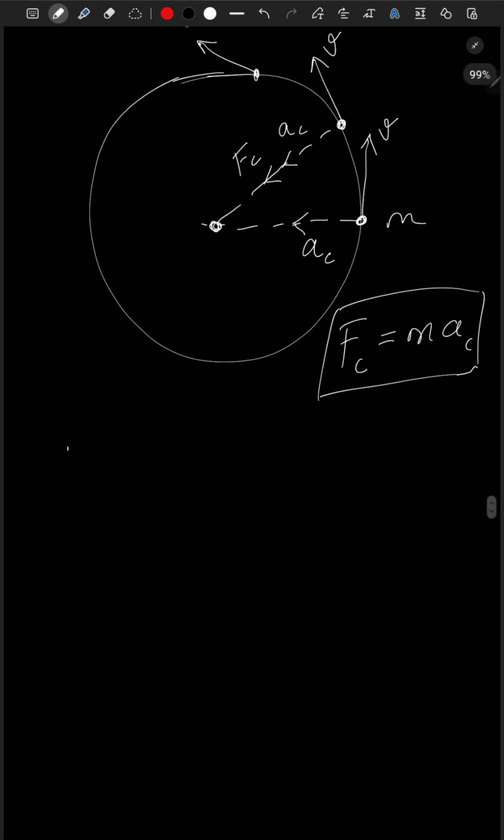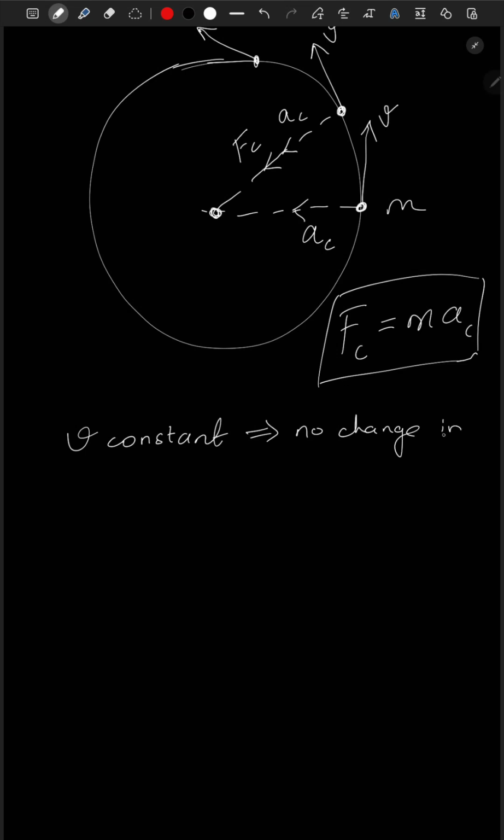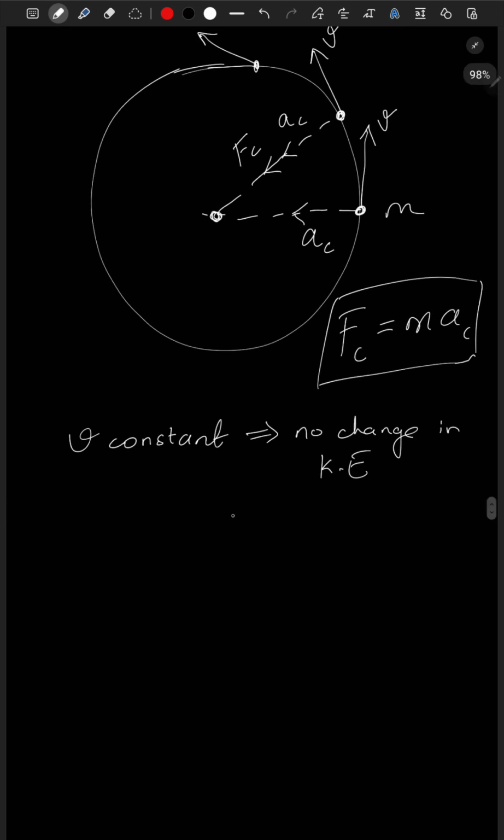So we know that the speed of the particle is constant all the way around the circle. Therefore, there is no change in kinetic energy of the motion, since kinetic energy is half mv squared. So no change in speed, no change in kinetic energy, and therefore there is no work done by the force.